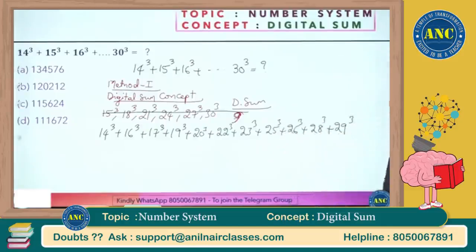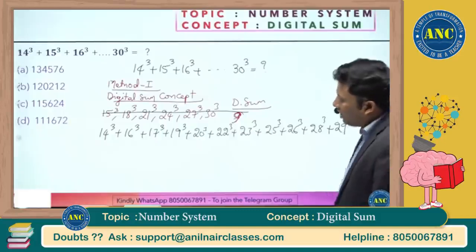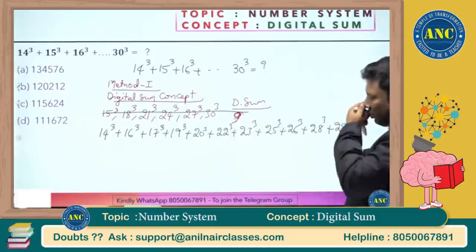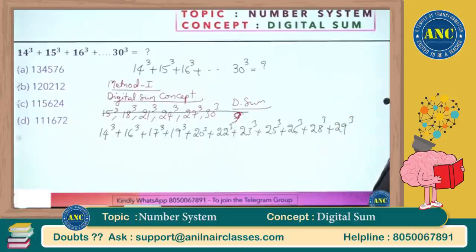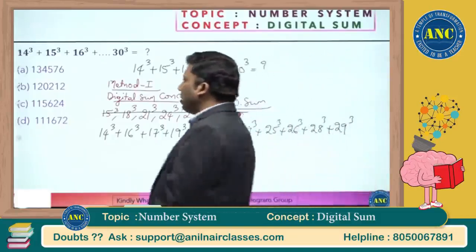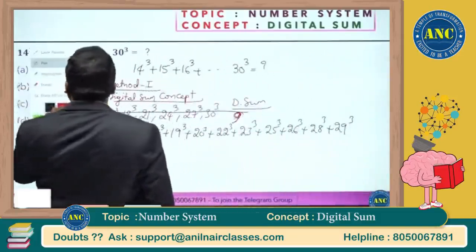Are you all with me? 15 is out, 18 is out, 21 is out, 24 is out, 27 is out, and 30 is also out.